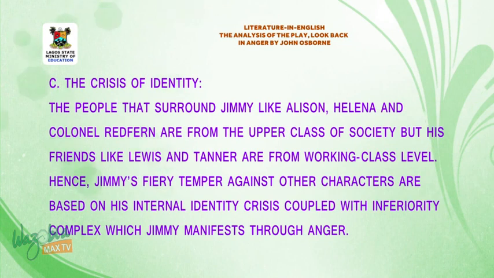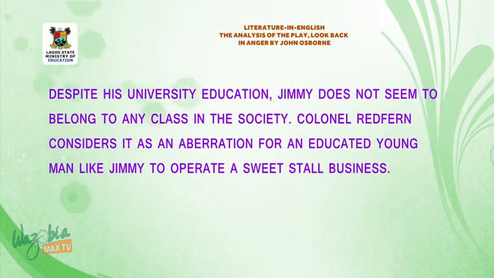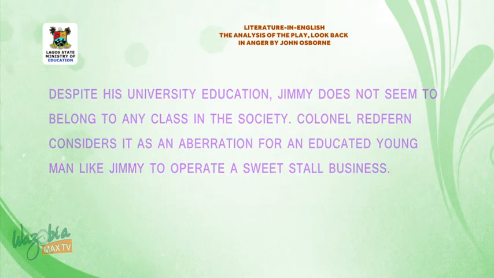Hence, Jimmy's fiery temper against other characters is based on his internal identity crisis coupled with an inferiority complex, which Jimmy manifests through anger. Despite his university education, Jimmy does not seem to belong to any class in society. Colin Redfern considers it an aberration for an educated young man like Jimmy to operate a sweet store business.